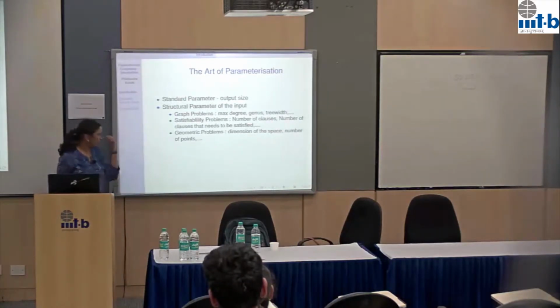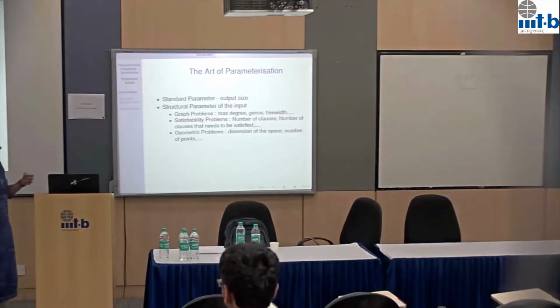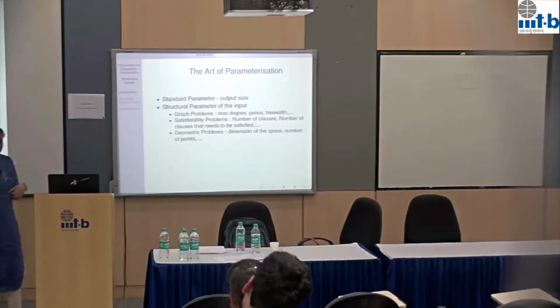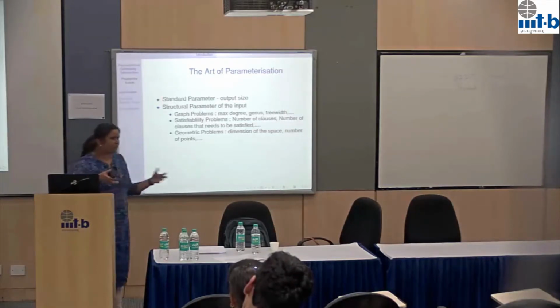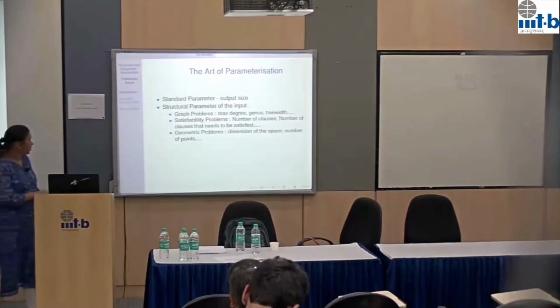Another example is geometric problems: the dimension of the space you are working in, the number of points or objects with certain properties, or some other geometric property of the input.